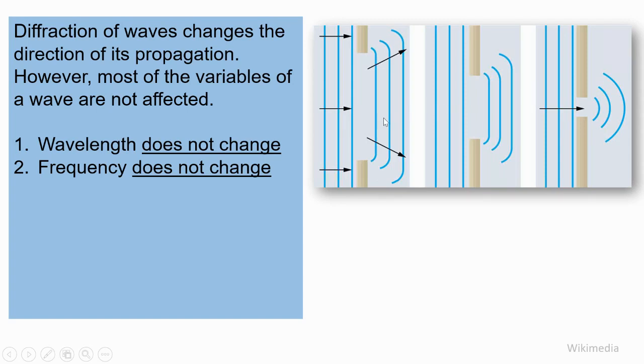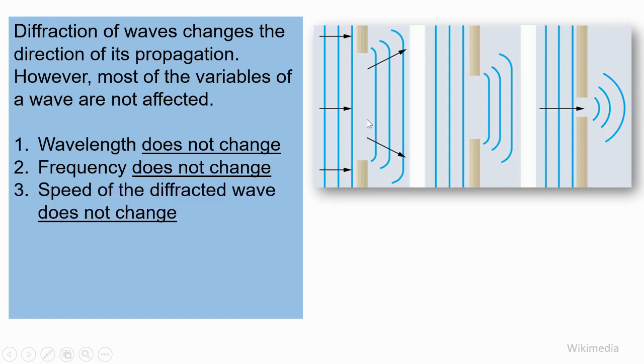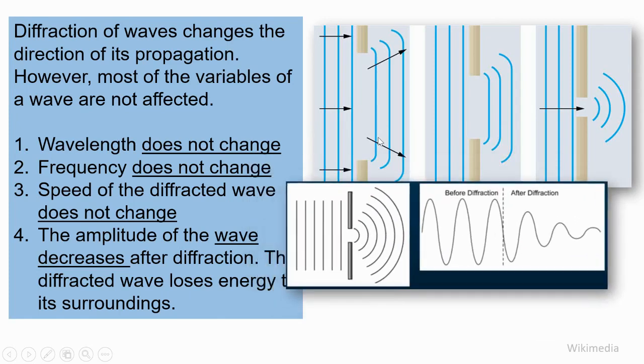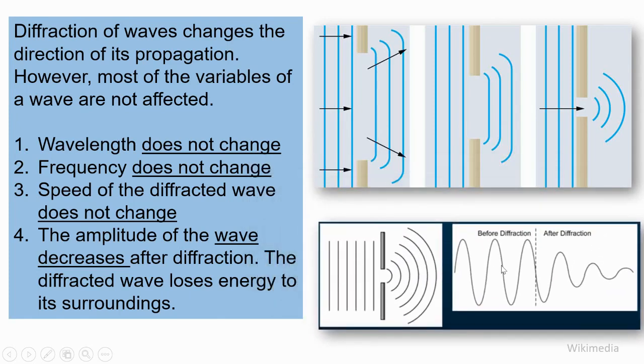The number of waves that pass in 1 second is the same. Therefore, the speed of the diffracted wave does not change. The amplitude of a wave decreases after diffraction. The diffracted wave loses energy to its surroundings.